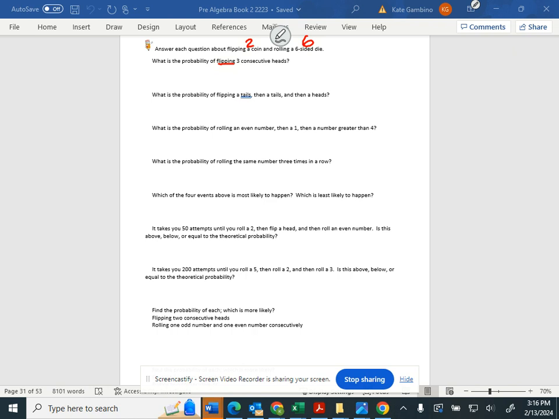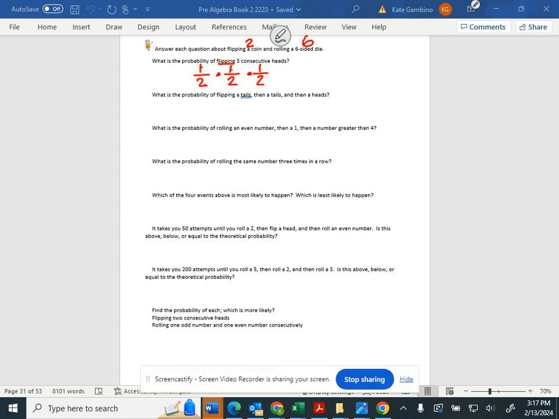Flipping that first coin would be 1 over 2, because you would get 1 heads out of 2. Our second time, 1 over 2. And our third time, because we're doing 3 events, we need to multiply going across.